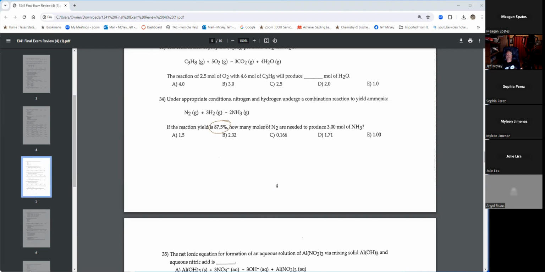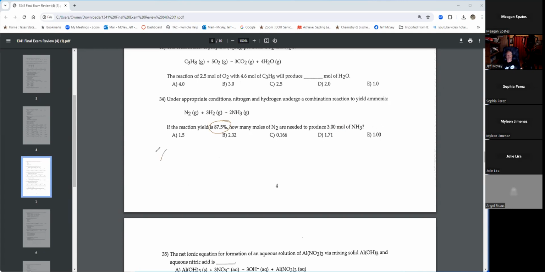Reaction is 87.5% yield. Okay, so here's what we need to do. We need to figure out the theoretical amount of nitrogen that is required to produce 3 moles of ammonia, and then we need to use the 87.5% to figure out how many moles of nitrogen are needed to actually produce the 3 moles of ammonia.